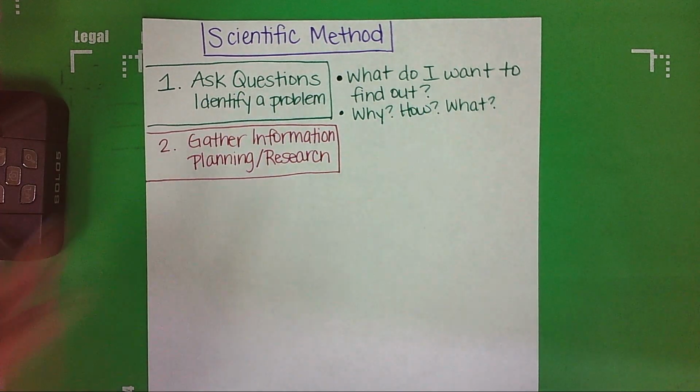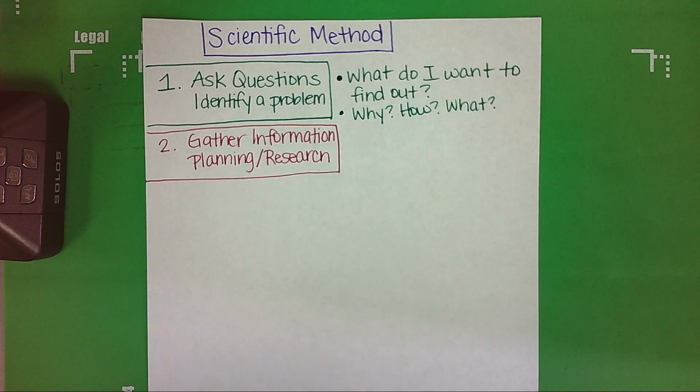I would research, has anyone else done this experiment? Maybe they got a result. I would need to know and be knowledgeable about what other scientists have done or have not done. Because if you get the same result as another scientist, then that evidence is of good quality. So it's something that would help you answer the question, and it would support your hypothesis.